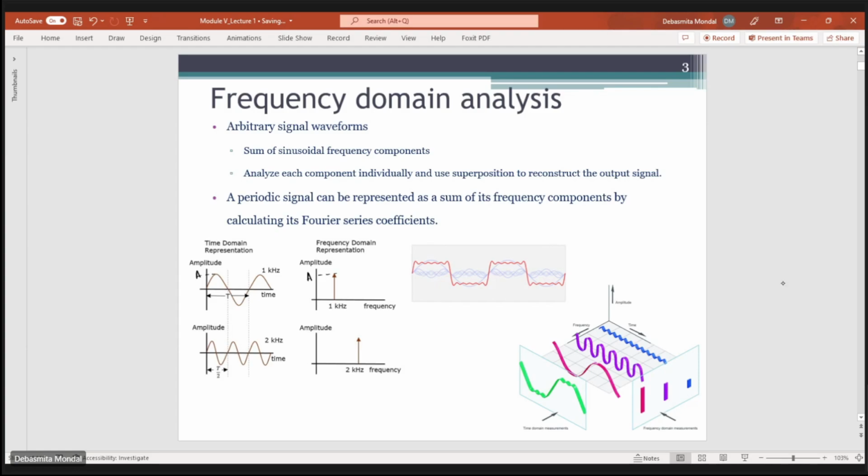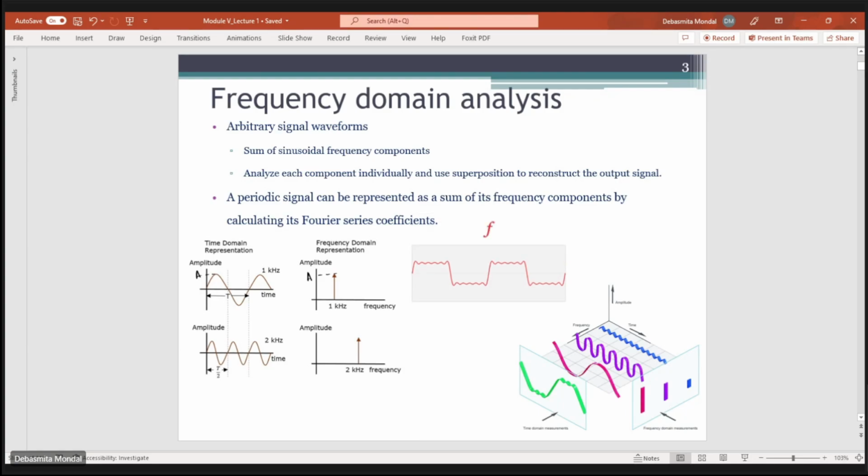At all other frequencies, since this sinusoidal signal does not have any other components, the values will be equal to 0. Similarly, if you have a sinusoidal wave of 2 kilohertz, then in the frequency domain you will have only one component, of amplitude A at 2 kilohertz.